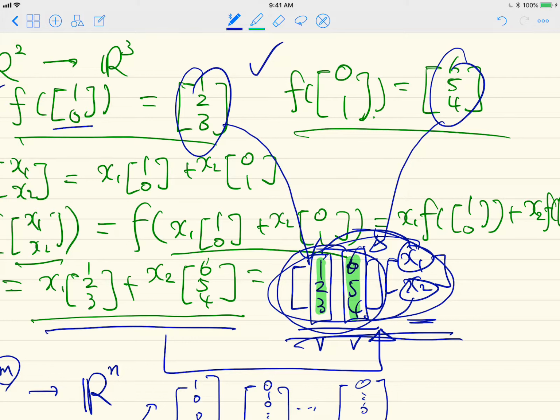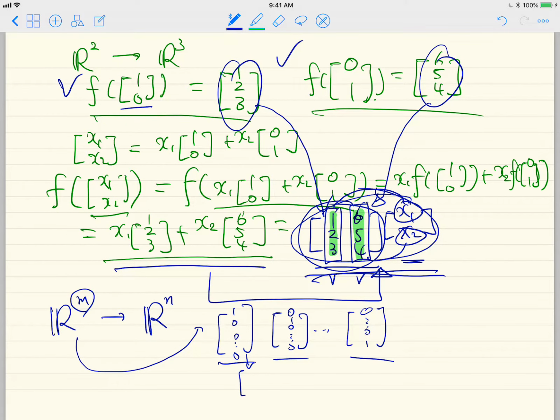So this matrix contains the outputs of the standard unit vectors. These vectors are called the standard unit vectors. We can simply concatenate their individual function outputs, and that will form the matrix in the full definition of matrix vector multiplication for the linear transformation.